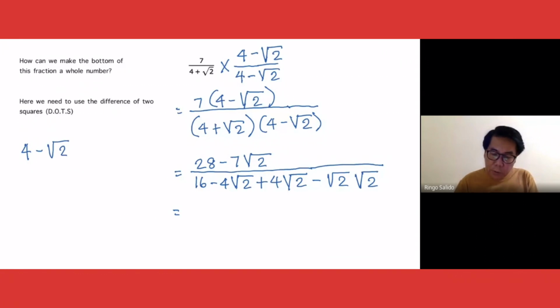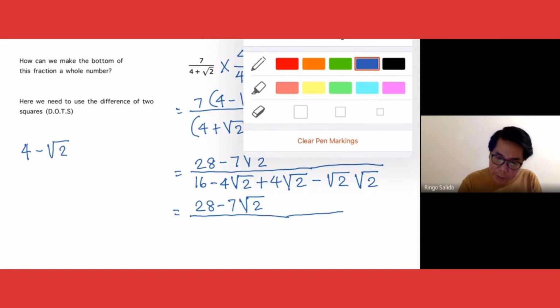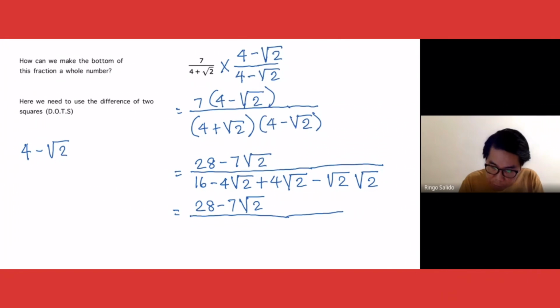Now, for the numerator, we have already tidied up. So we don't need to do anything on it. What we need to do is to tidy up the denominator. So if you can see, I'm going to underline negative 4 times root of 2 plus 4 times root of 2.